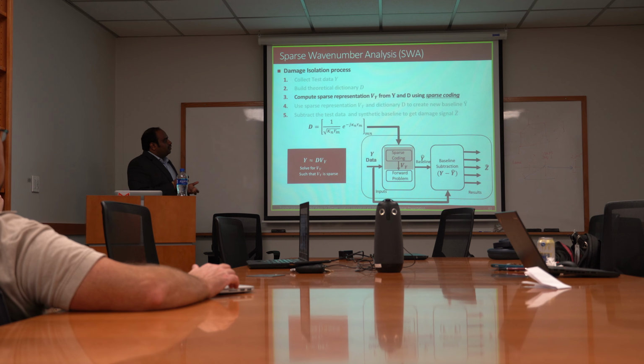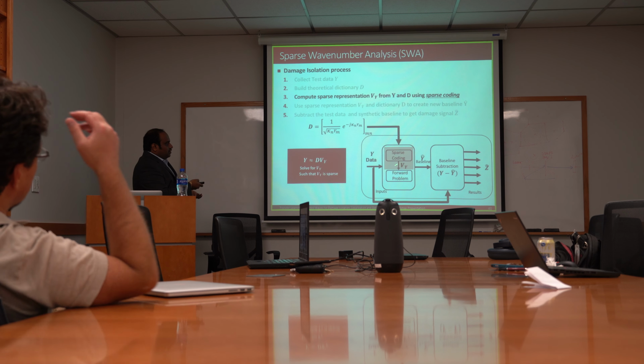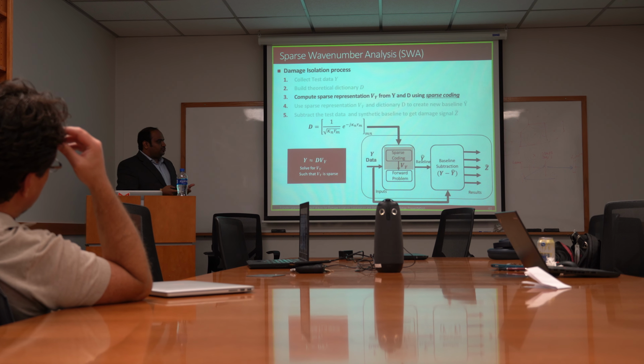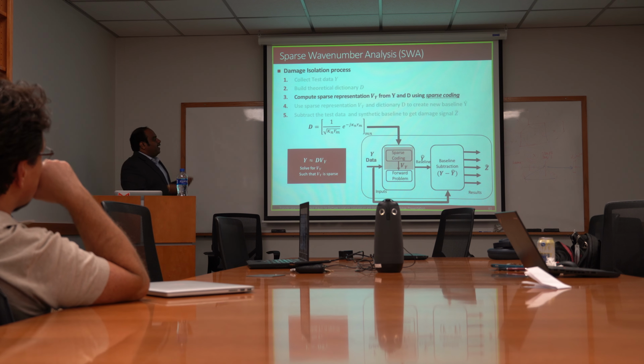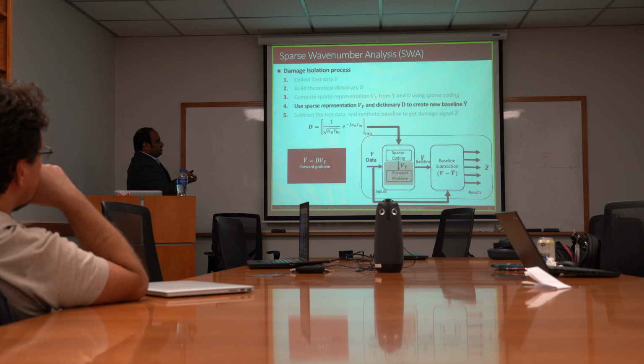And usually it is done with basis pursuit or orthogonal matching pursuit or other methods. There you can easily get your sparse coefficient matrix, V. And once we have V, and we know the dictionary, we can do the forward problem to get your baseline, Y hat.